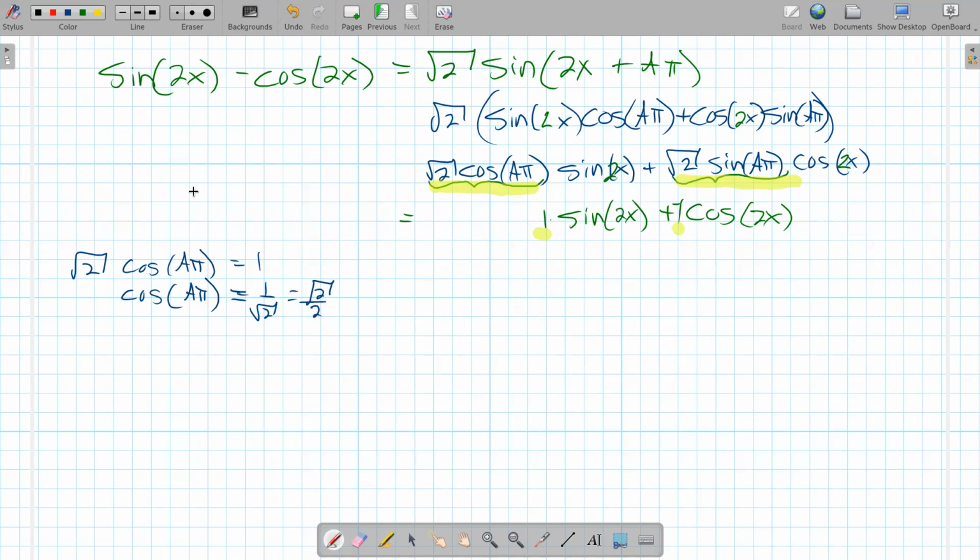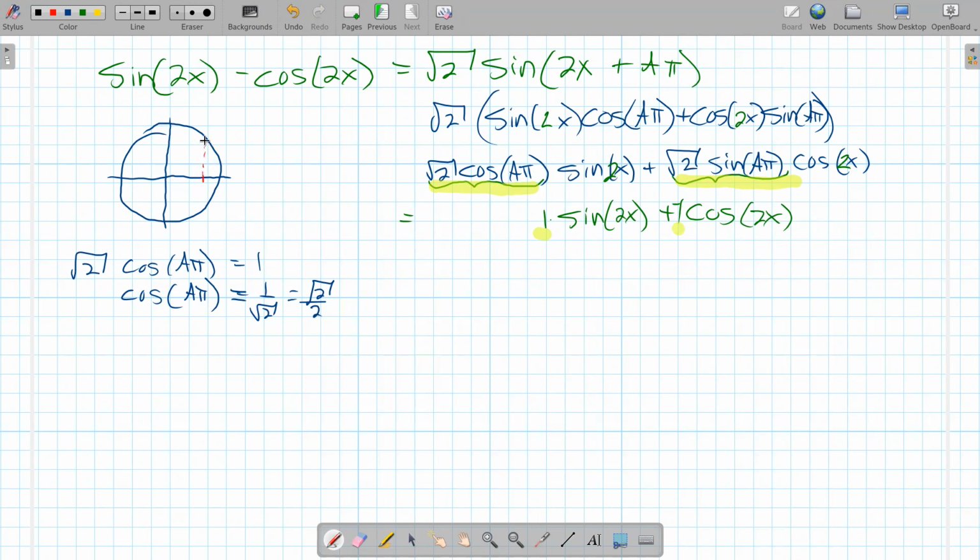And thinking about the cosine, ooh, that was not a good circle. Let's try that again. Only marginally better. Cosine is an x value, so x equals square root of 2 over 2 is about over here.